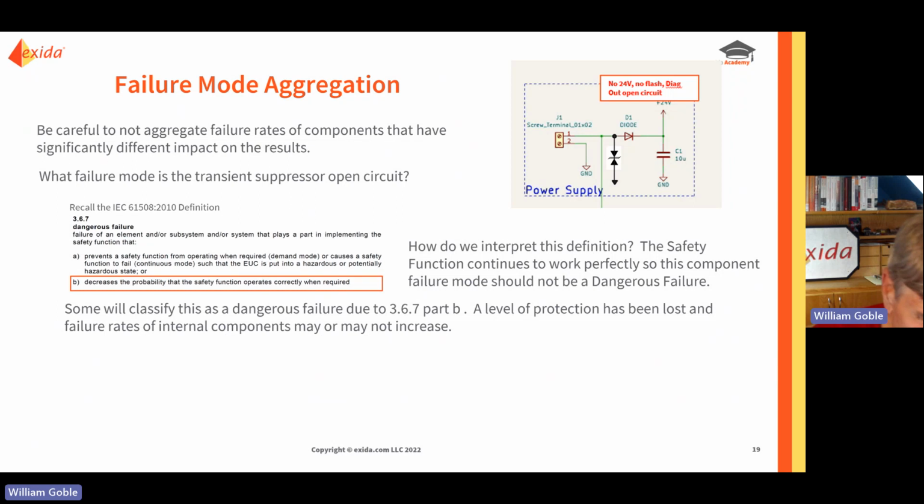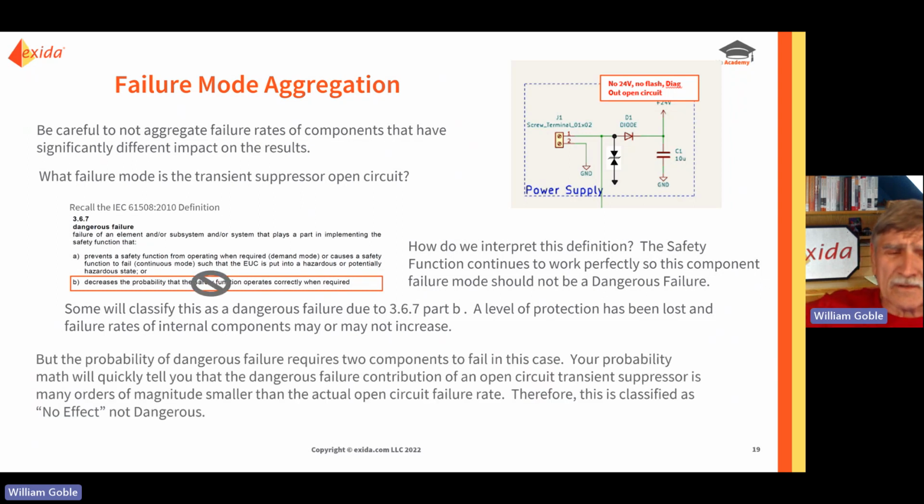The other internal components already display the impact of this, because if you have a population of devices out in the field, the transient voltage suppressor did go open circuit in some of them. And therefore, we are going to classify this as no effect, not dangerous.